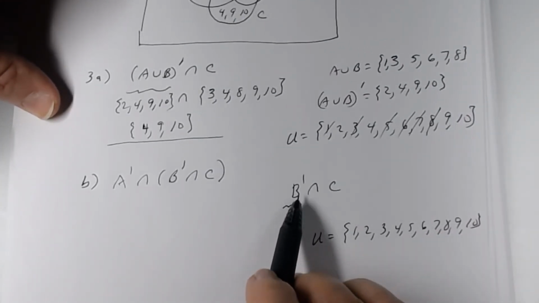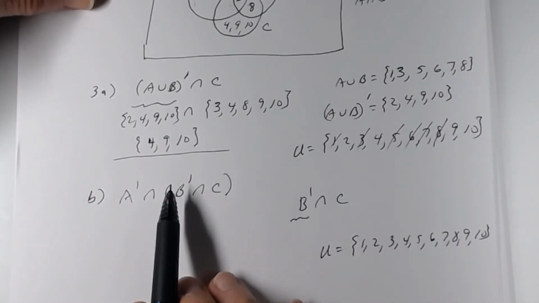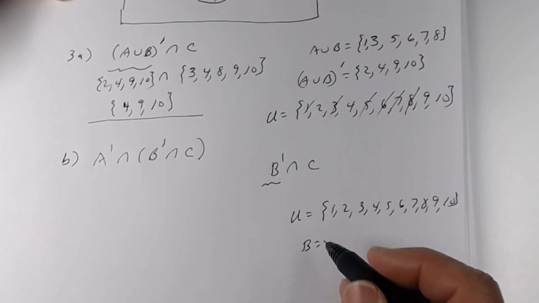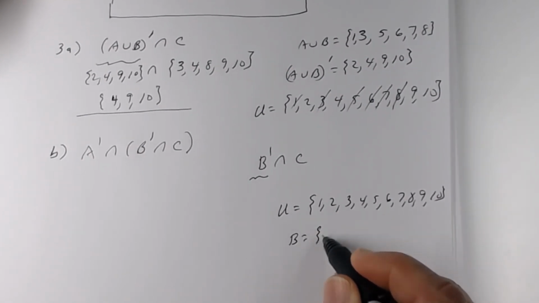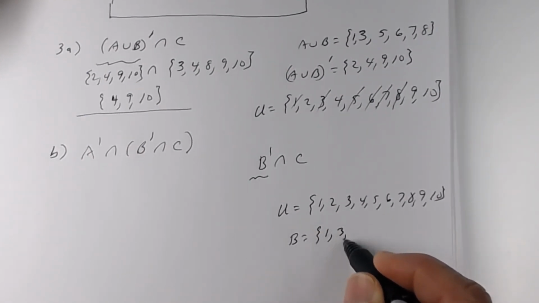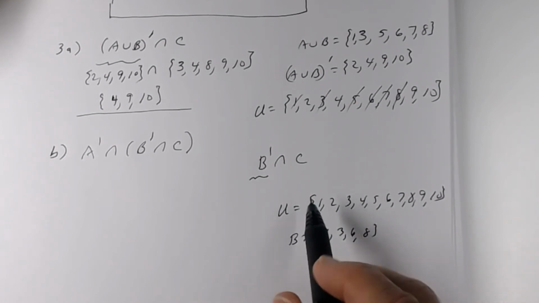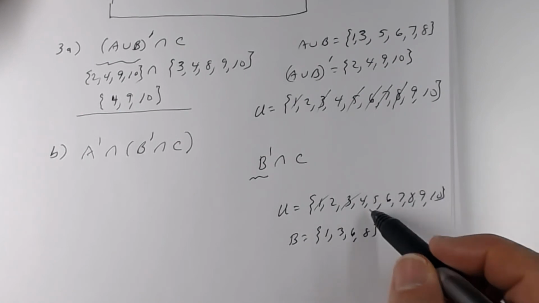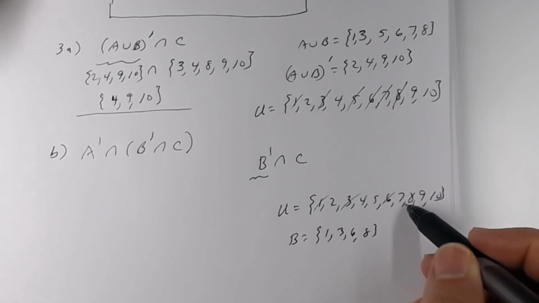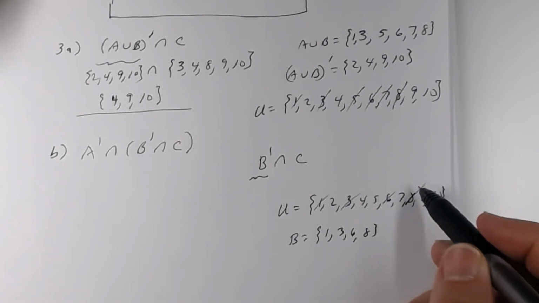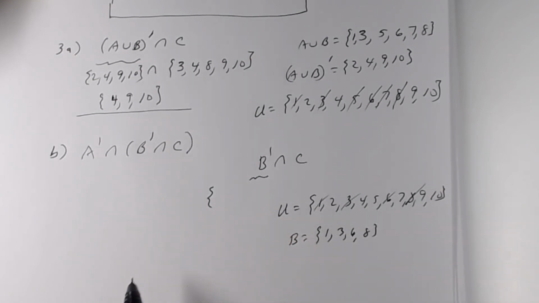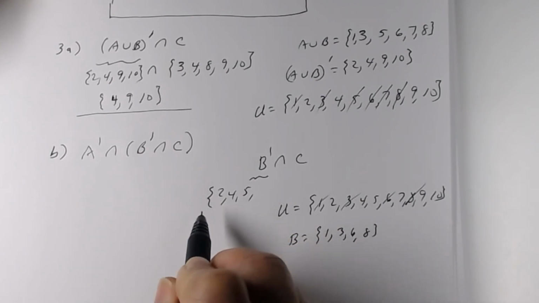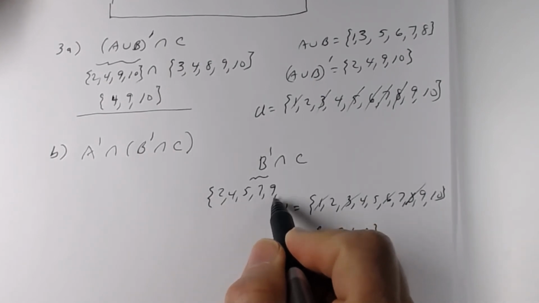All right, now I want to find B complement. B has the elements 1, 3, 6, and 8. So B complement would be everything in the universal set except those that I'm removing. So what's B complement? 2, 4, 5, 7, 9, and 10.